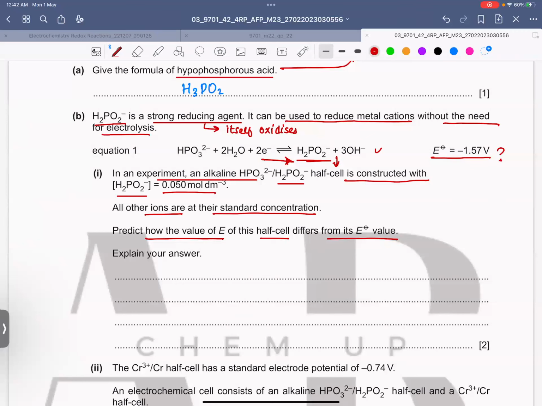Increase. Yes, it increases because the reduction occurs more readily, and as a result, the E of this half cell would be greater than its E naught.